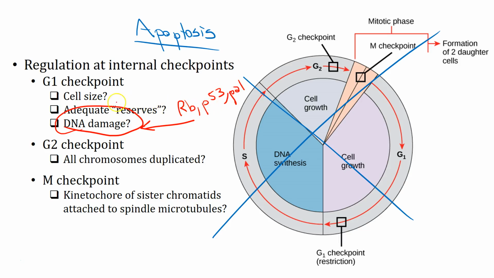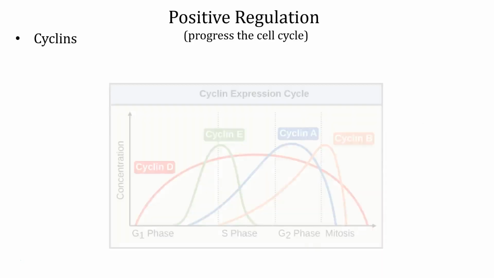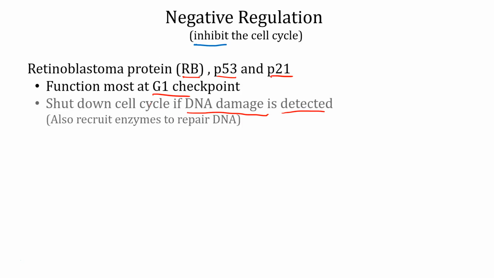Okay, those are the ones that are doing this. And if damage is found, what they can do is try and recruit some repair enzymes that can slice out the bad part and put in a new good part and keep that DNA nice and clean and functioning.